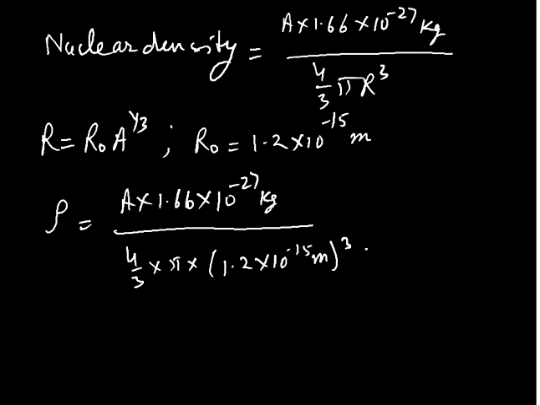And multiply by, right, so this is A cubed, A into A, because r cube is r naught cube times A raised to the power 1/3 cubed, so here you will get only the A. This A cancels out with the A here, and when you simplify the result, it comes approximately 2.3 into 10 raised to the power 17 kilogram per cubic meter.